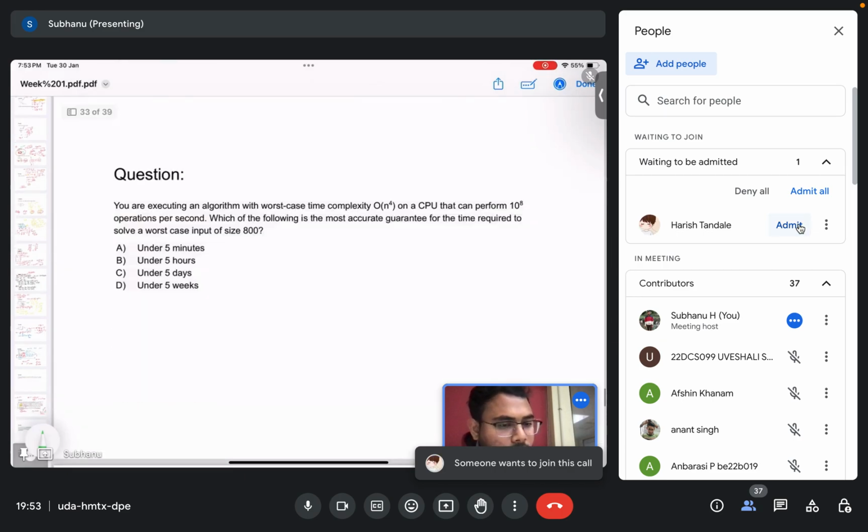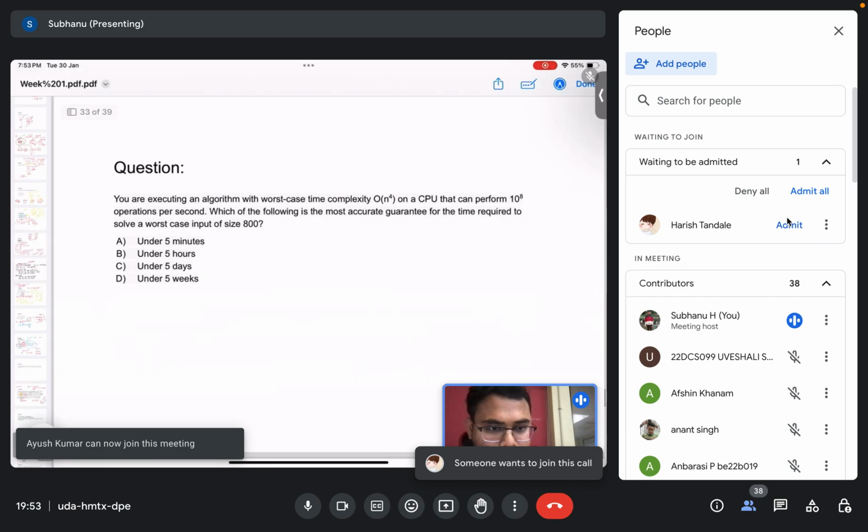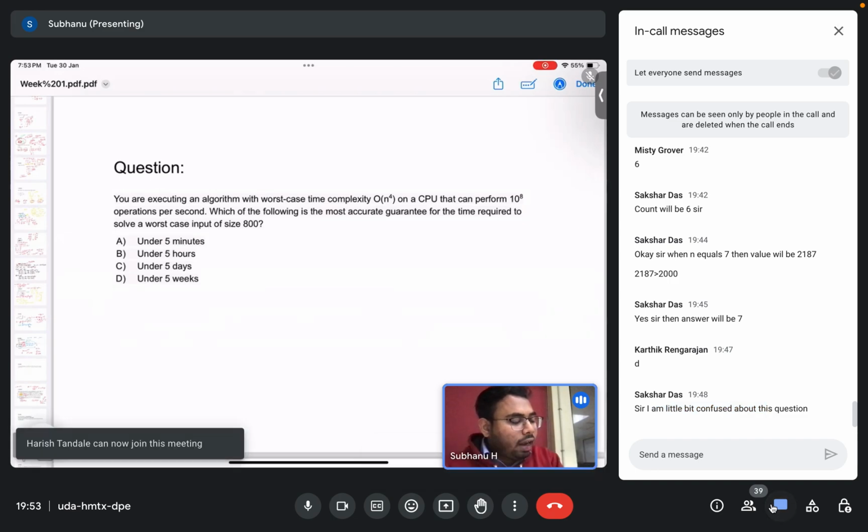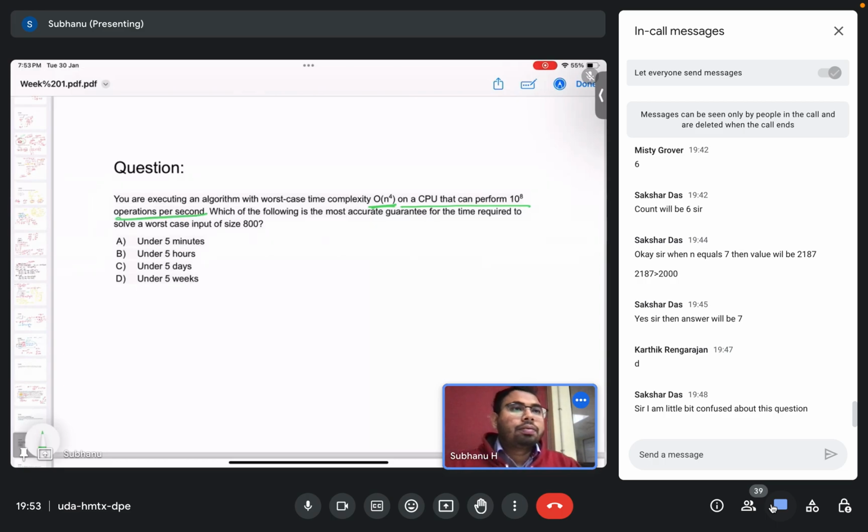Now this is the next question. You are executing an algorithm with worst case time complexity order of n to the power 4 on a CPU that can perform 10 to the power 8 operations per second.